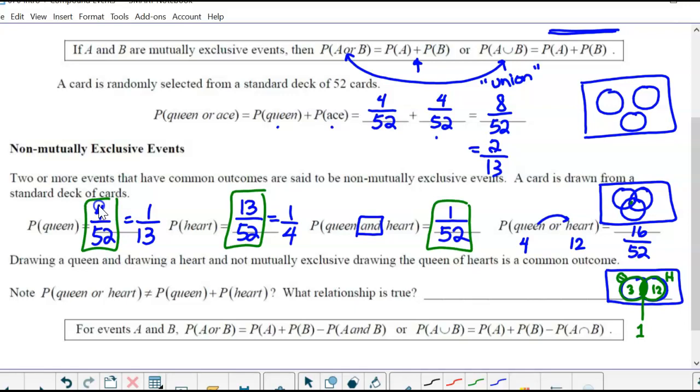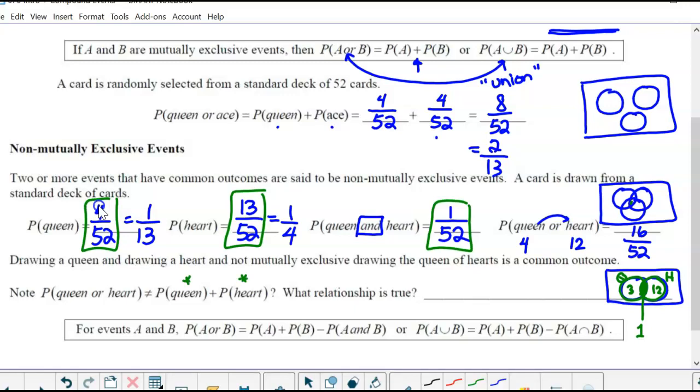All right, so drawing a queen and drawing a heart are not mutually exclusive. Drawing the queen of hearts is a common outcome. So note that the probability of queen or heart is not found by just adding them together. We have to subtract that overlap because that queen of hearts is included in here and in here. So we've counted it 1 time too many.